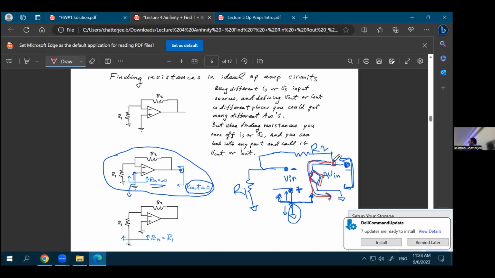So at this point, you see a 0 resistance path to ground, and you see some other resistance R2 and R1 which also goes to ground. So in parallel, there are two paths. One is a 0 resistance, one is a finite resistance. So what would be the effective parallel combination of those two? It will be 0. So that's why your output resistance is 0 in this case, even if you have these R2 and R1 resistances connected at your output.